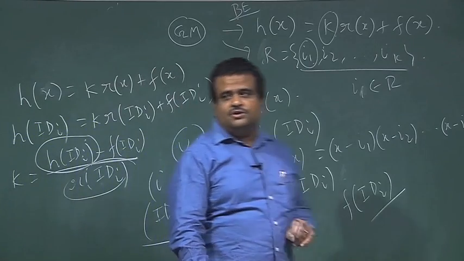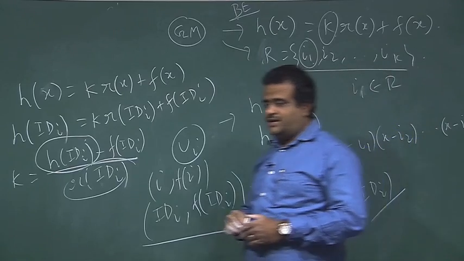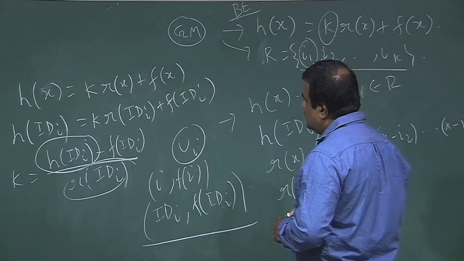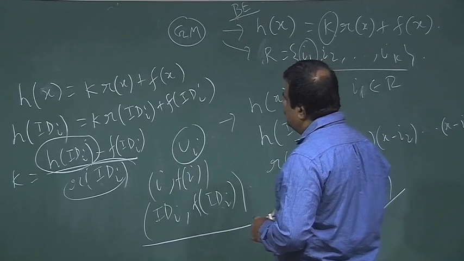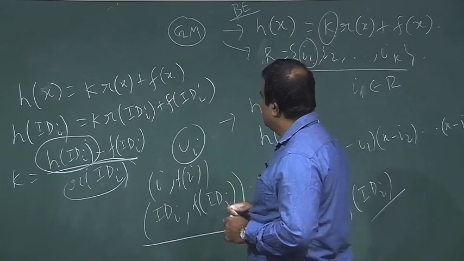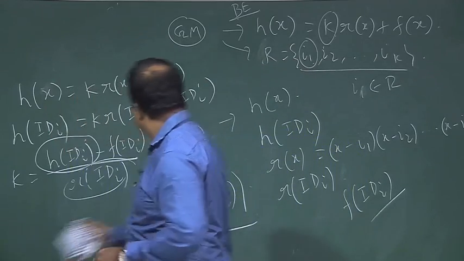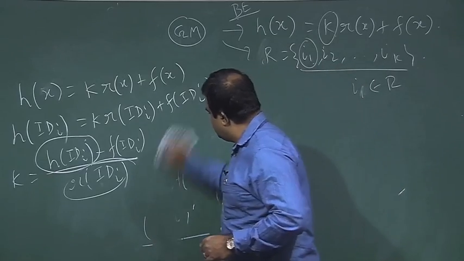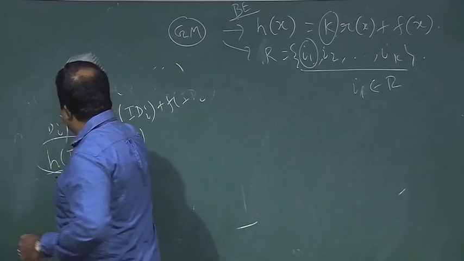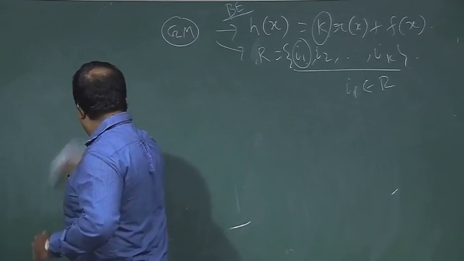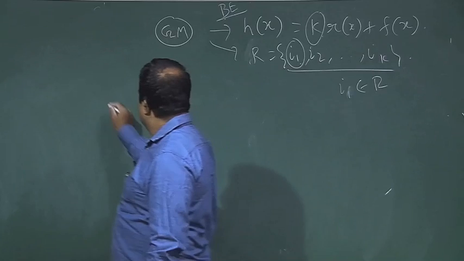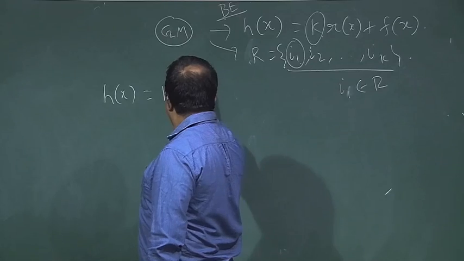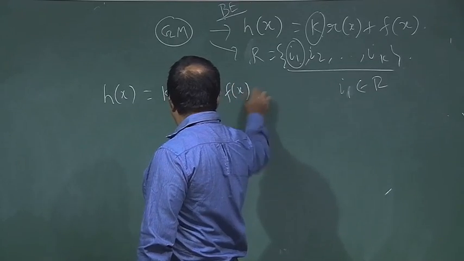Now, this scheme we can make into a t-n threshold scheme, because if somebody knows this polynomial f completely, then he or she is able to get the session key, because we know h of x is basically k r of x plus f of x.